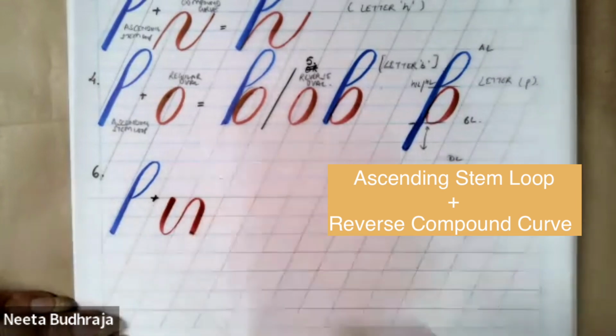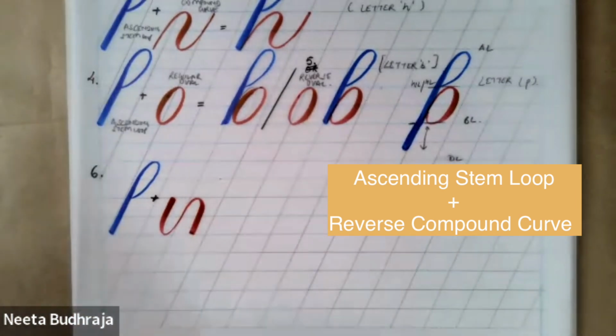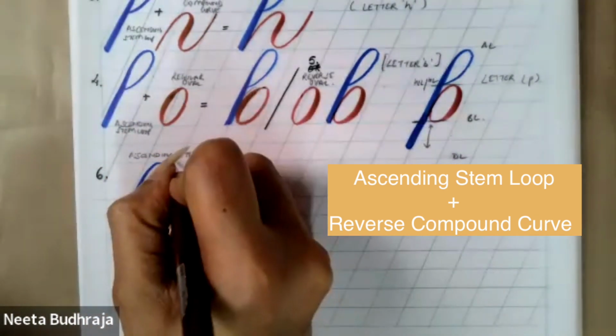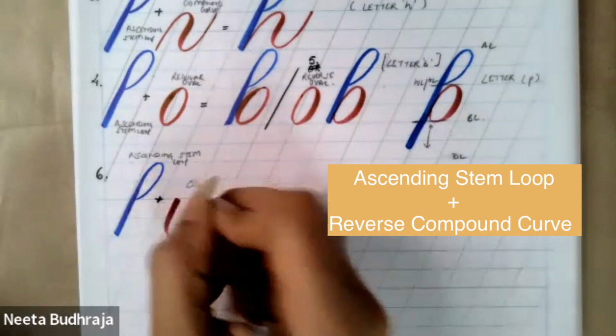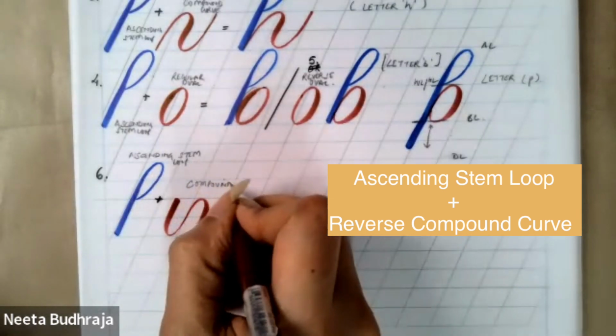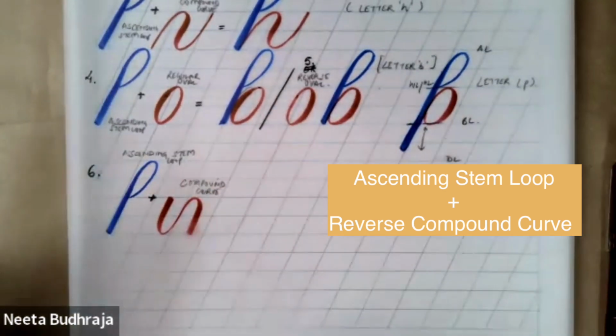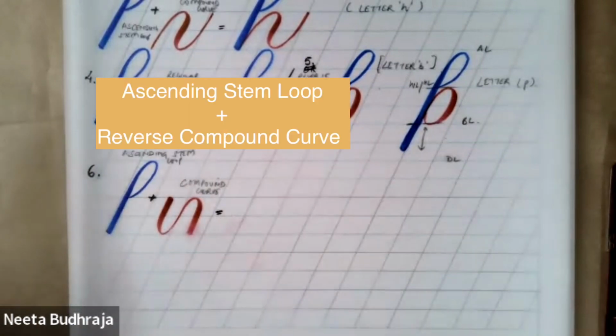So this is our reverse compound curve. This is our ascending stem loop. This is our compound curve. And when we are joining them together, let's see what all is created.